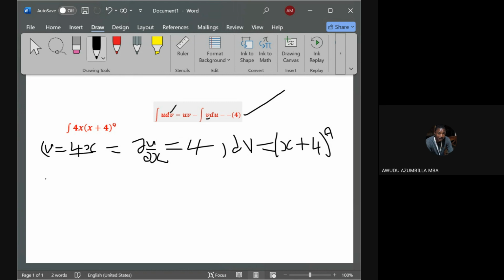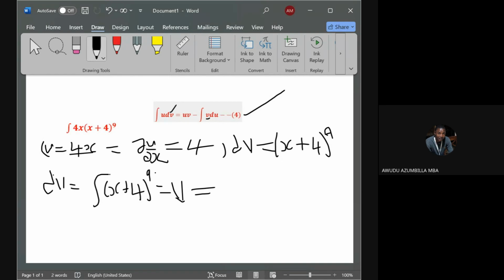So to get our v, we need to do the integral of the dv, which is equal to the integral of x plus 4 raised to the power 9. So this one will give us our v.